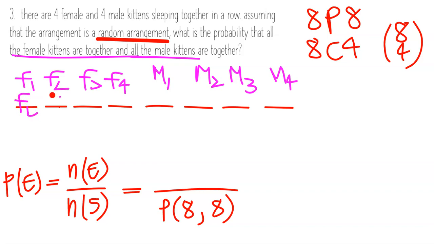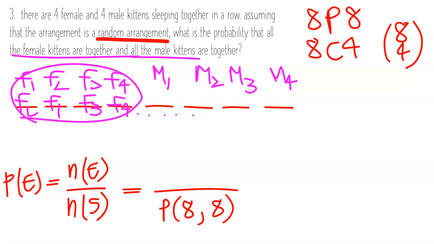I could switch female 2 and female 1 and keep everything else the same, etc. Instead of listing out all the possible ways this event can happen, I want to find some kind of shortcut. Because I have the 4 female kittens that I'm just rearranging, this would be a permutation of 4, 4. Of my 4 female kittens, how many ways can I arrange all 4 of them? There's 24 different ways that I could have an arrangement of all 4 of those female kittens.